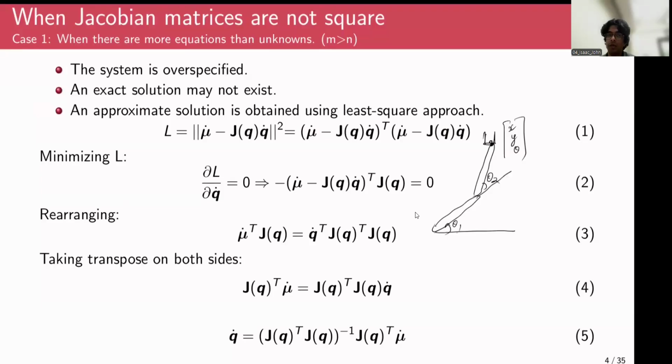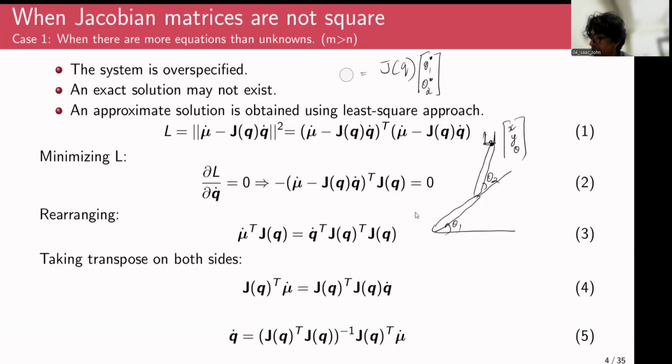But then how would the kinematic equation look like? Or how would the forward differential kinematic equation look like? It would look something like this. Mu dot would be J of Q multiplied by Q dot, where Q dot is the differential velocities in joint space, which is nothing but theta 1 dot and theta 2 dot for this RR robot.